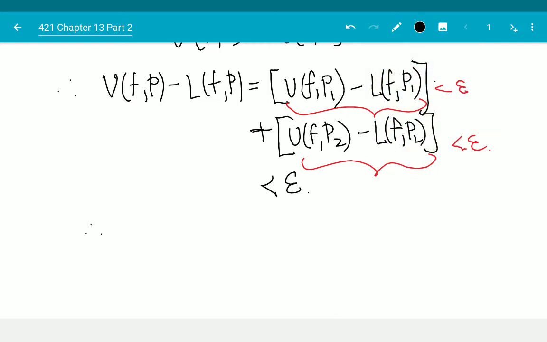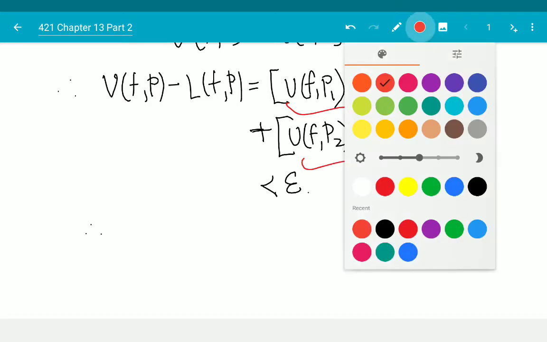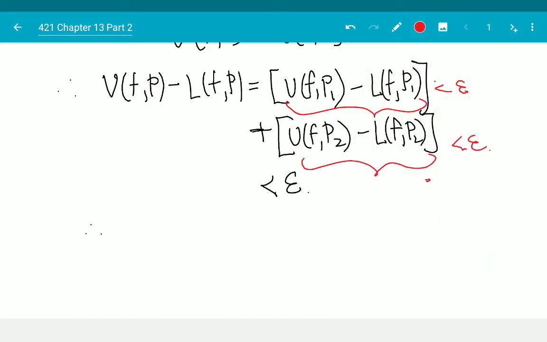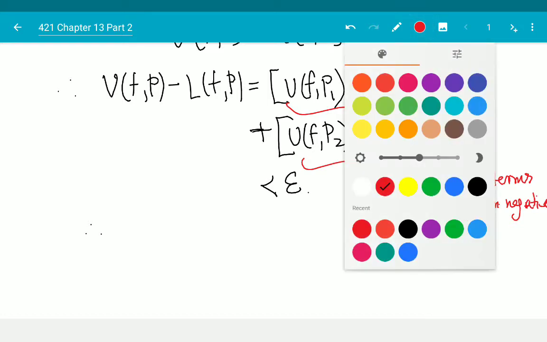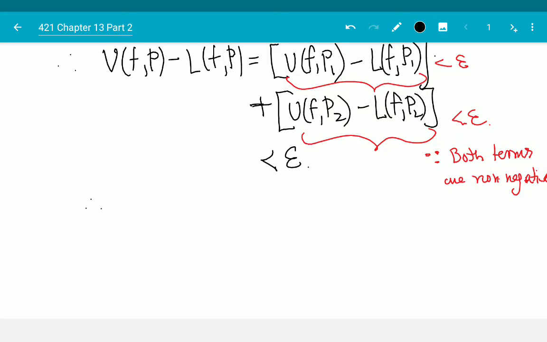One of them might be bigger than epsilon over 2, and the other one might be epsilon over 700 or something, but their total is smaller than epsilon, so each one of them is smaller than epsilon since these are positive. Let me just write, since both terms are non-negative, this is going to happen.